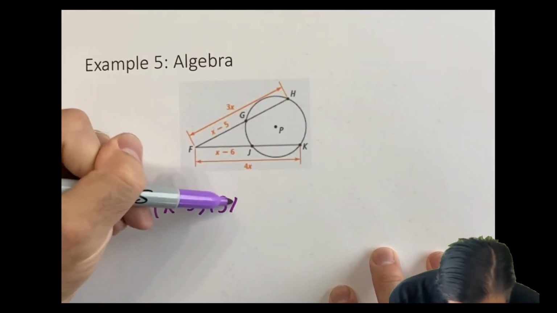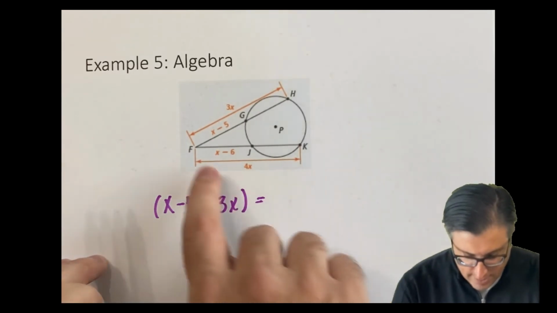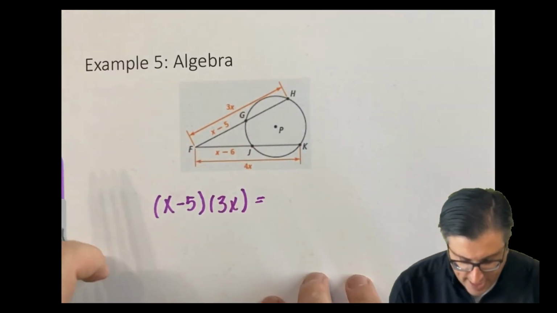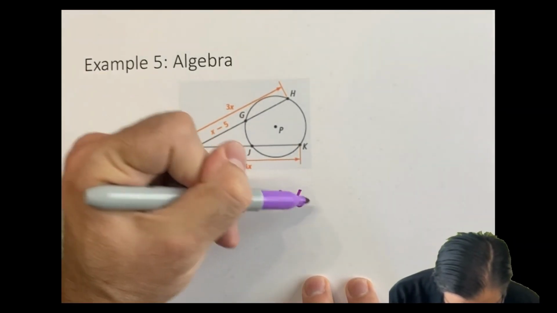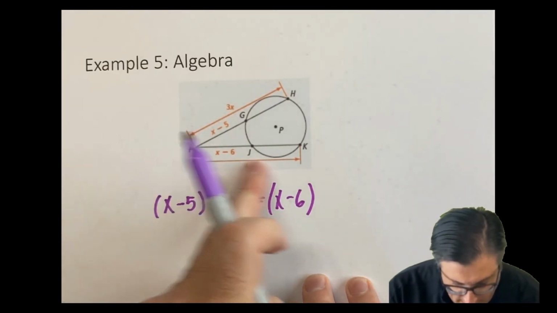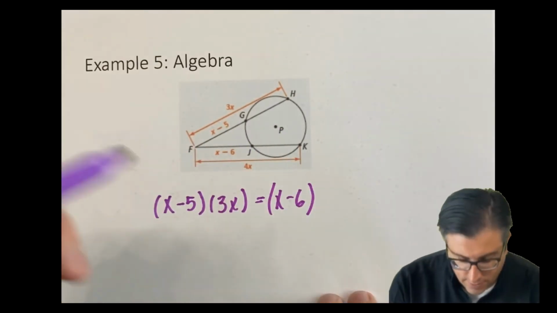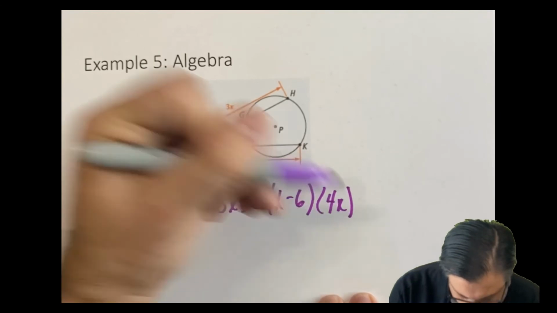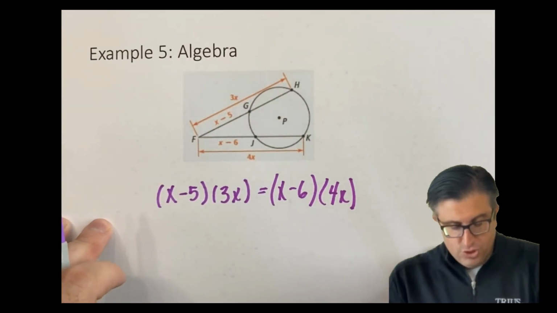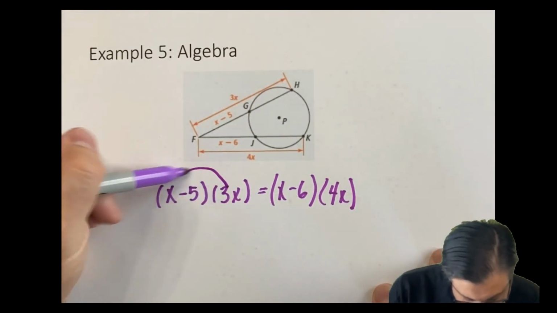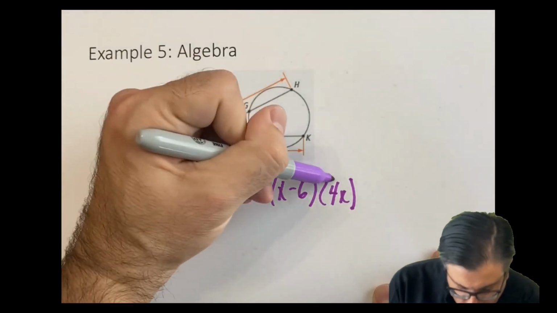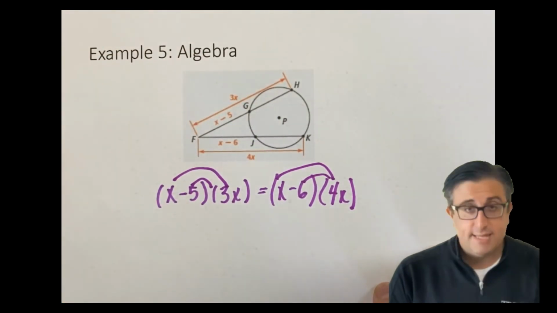That's 3x equals outside of the next secant is x minus 6 times the entire length, again, they told us very clearly, was 4x.